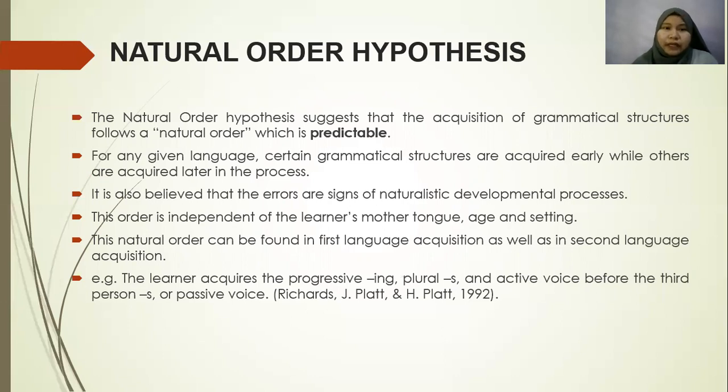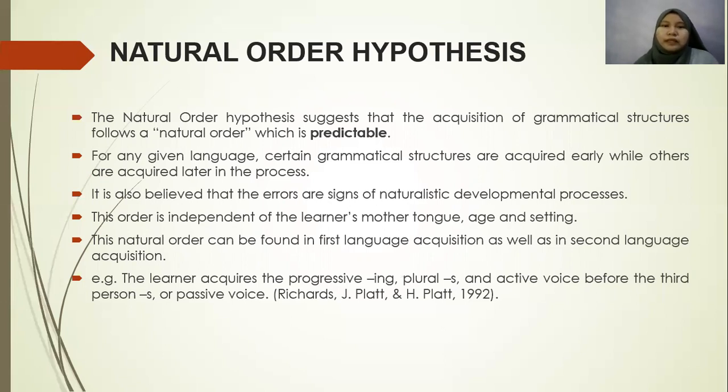For any given language, certain grammatical structures are acquired early while others are acquired later in the process. So there are grammatical structures that are learned first and other grammar structures that will be learned later.